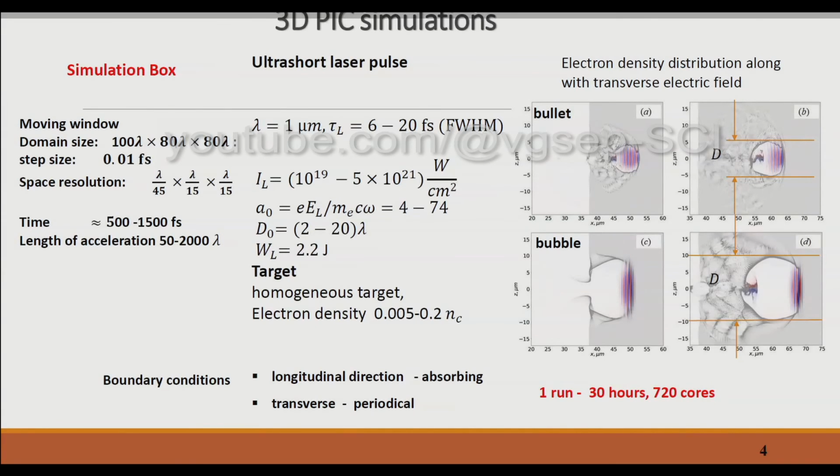And we vary the pulse duration from 6 femtoseconds up to 20 femtoseconds, going by 6, 10, 15, and 20 femtoseconds. By doing that, we also vary the electron density, the dimensionless amplitude of the field, and of course the intensity.